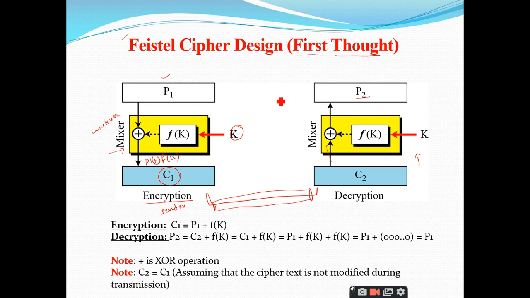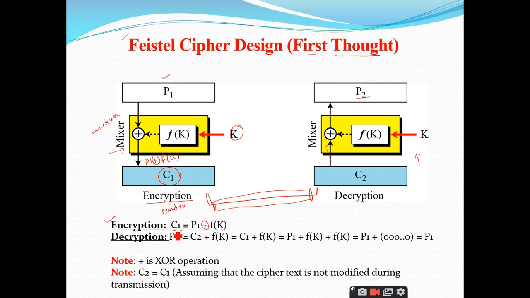We will see whether the plain text P1 is equal to P2 or not. If P1 is equal to P2, then whatever operations you have performed, we can say that they are invertible in nature. Listen carefully how we are doing. From the encryption side, the ciphertext C1 is obtained as P1 plus f of k. Assume that this is XOR.